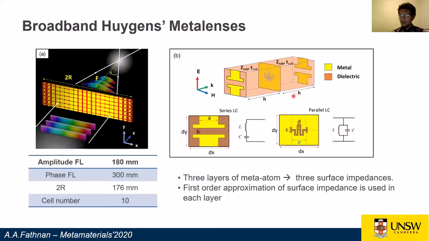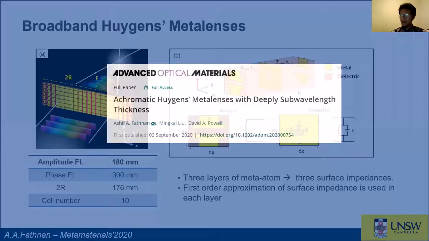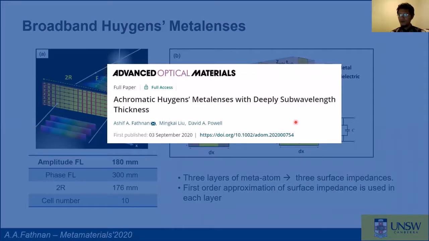We designed the metasurface to work in the microwave regime with a center frequency of 8.8 GHz, and here is the illustration of the meta-atom with outer layers and inner layers. More detail on this work can be found in this paper, which has just recently been published.